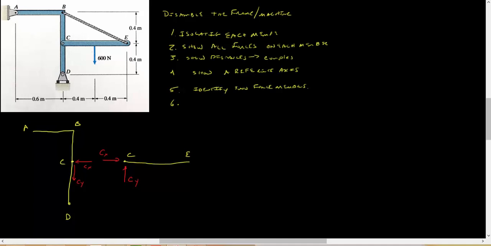So I think the best way to look at frames and machines is to look at example problems. And if you notice, all of this is free body diagrams. You break these up and you're pretty much doing free body diagrams on each member.